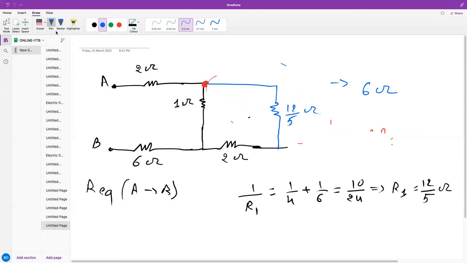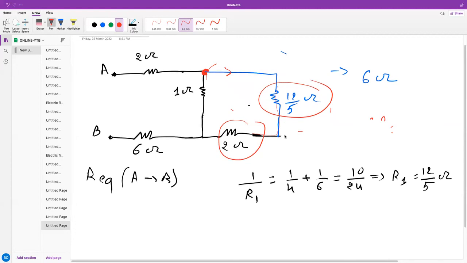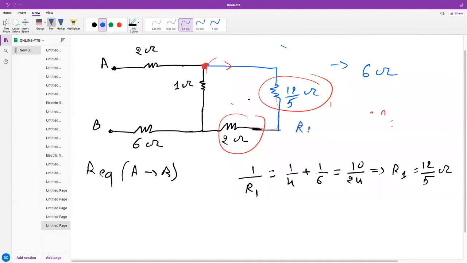Now we can easily see that this one and this one are in series, because again, if you have a current or a flow of charge here, it goes through the same. So those are in series, which means they have an equivalent resistor that I will call R2, and R2 will be just 2 ohms plus 12 over 5, which you can easily see is equal to 22 over 5 ohms.